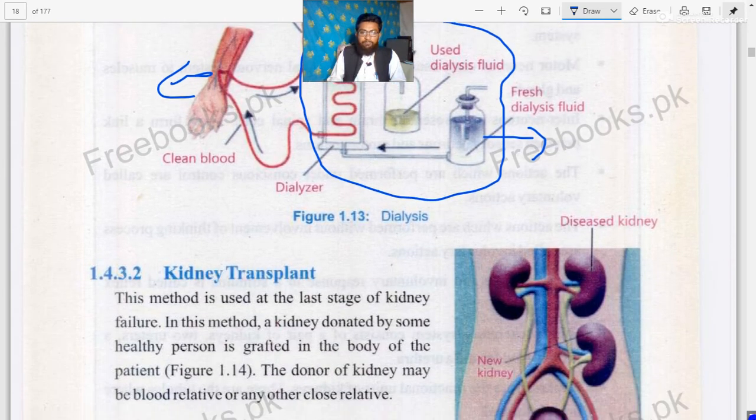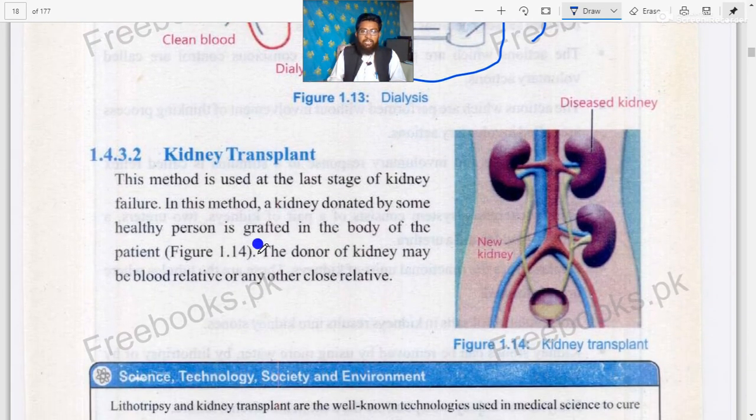Dear cadets, now the second treatment is kidney transplant. This method is used at the last stage of kidney failure. It is the last treatment, the last option. In this method, a kidney donated by some healthy person is grafted in the body of the patient.